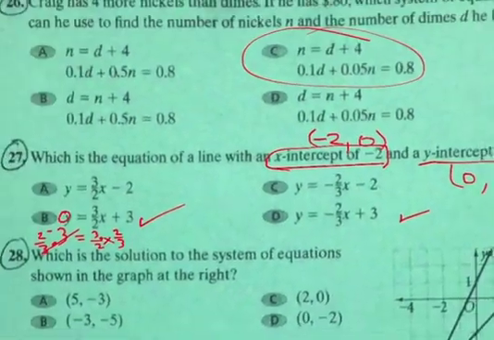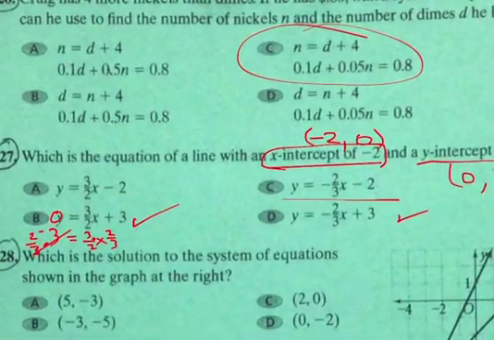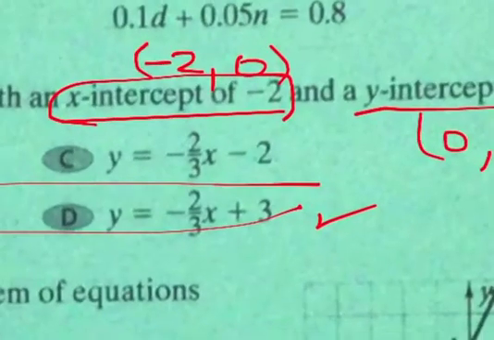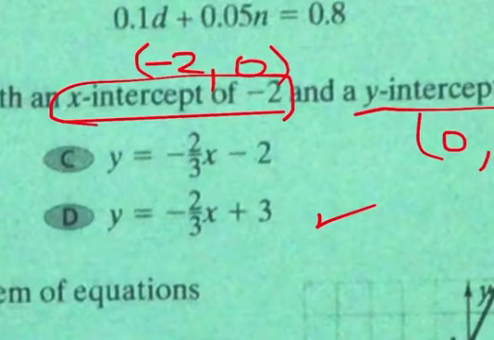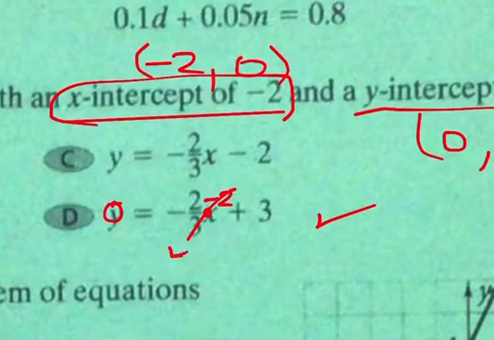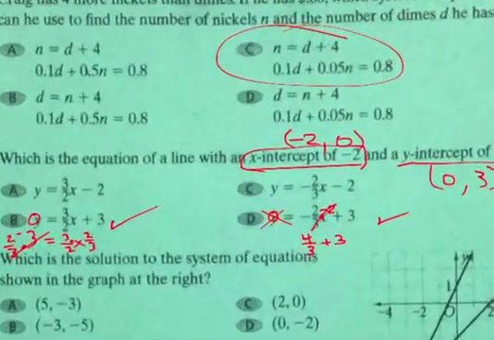You have to check on each one. So the only possibility is one of these. And if you do it to this one, y is 0, x is negative 2. Can't cross cancel. Negative 4 over 3, add 3 is not equal to 0, so that's not a possibility.